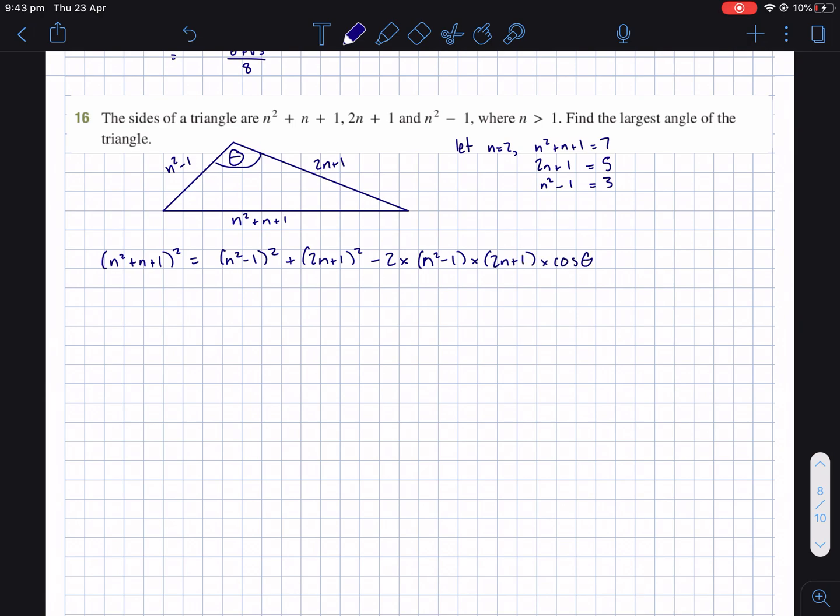So if I rearrange that, I've got cos theta equals, I'll have n squared take 1 squared plus 2n plus 1 squared take n squared plus n plus 1 squared over 2 times n squared take 1 times 2n plus 1.